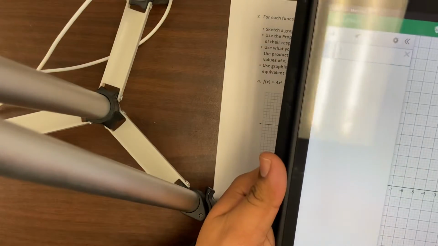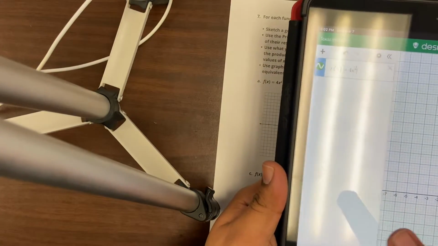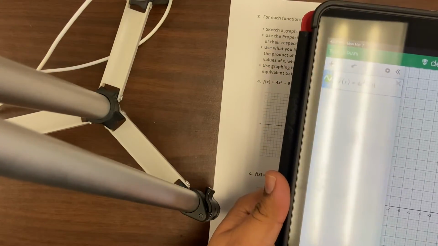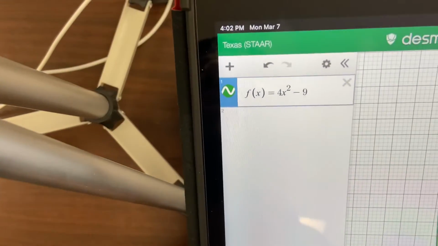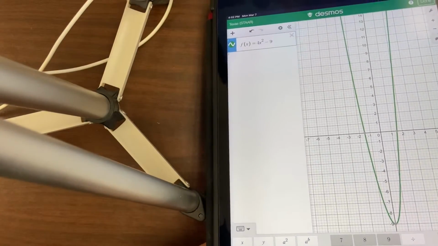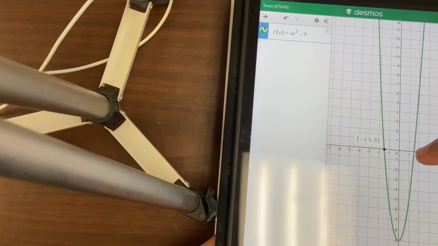F of x. Don't be afraid to type in everything. I know a lot of kiddos here at my school are afraid to type in everything. Don't be afraid to type in everything. There's my graph. I'm gonna do my best to graph it on the graph paper they gave me.